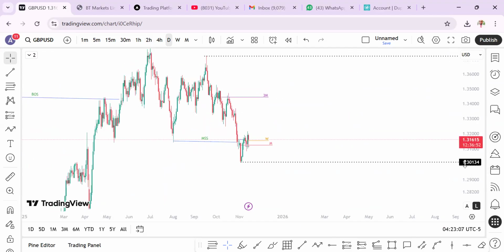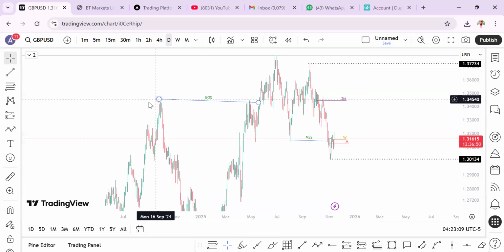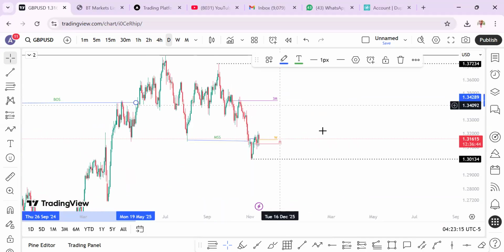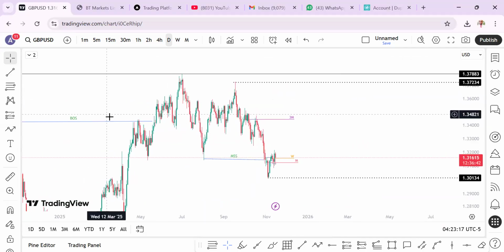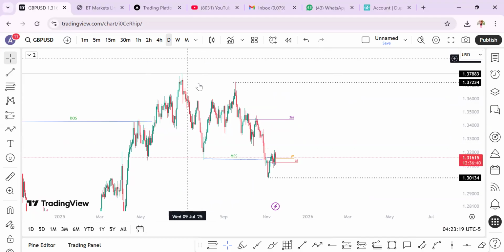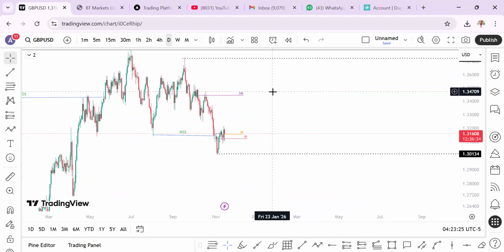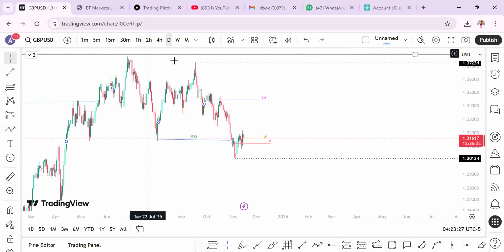So now, this was our last break of structure. Price broke structure, came up from this low, then from this side. So here is our shifting market structure. If we have this as our daily high, then here's our daily low.